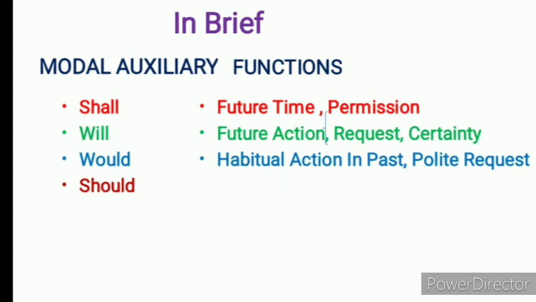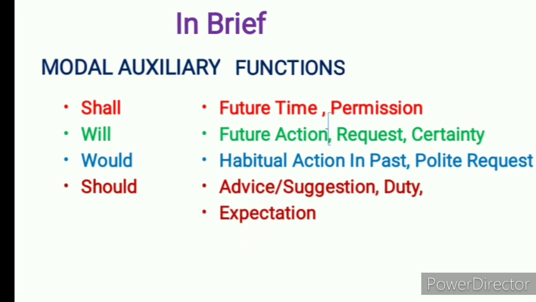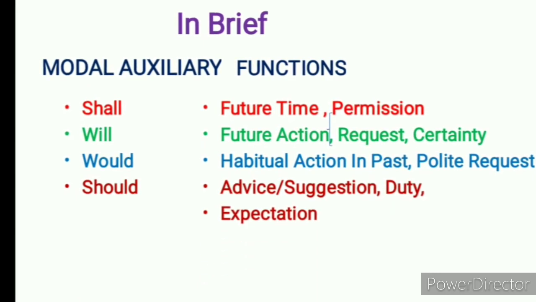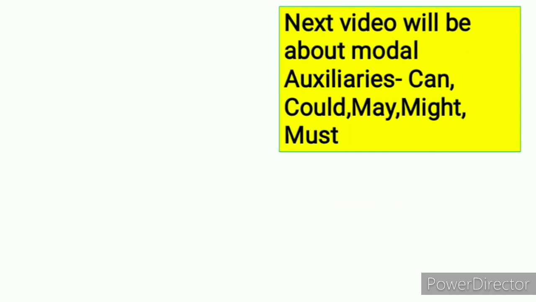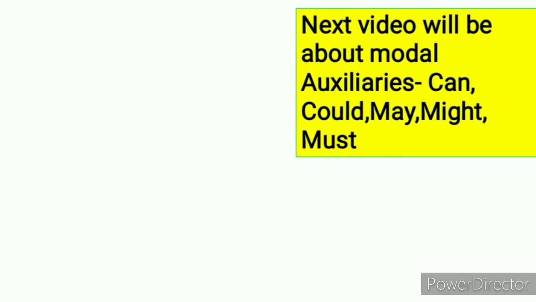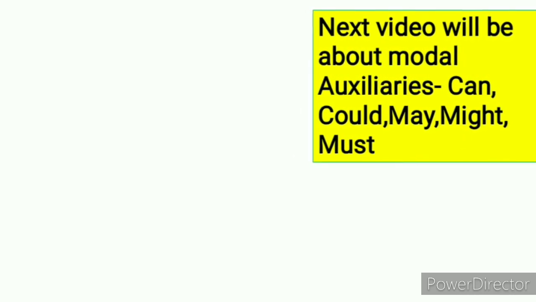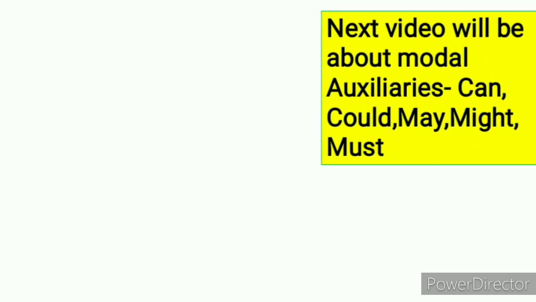Should is used for advice, suggestion, duty, and expectation. So here we have completed discussing the functions of will, shall, would, and should. In the next video, we are going to learn about the modal auxiliaries, and these modal auxiliaries will be can, could, may, might, must.